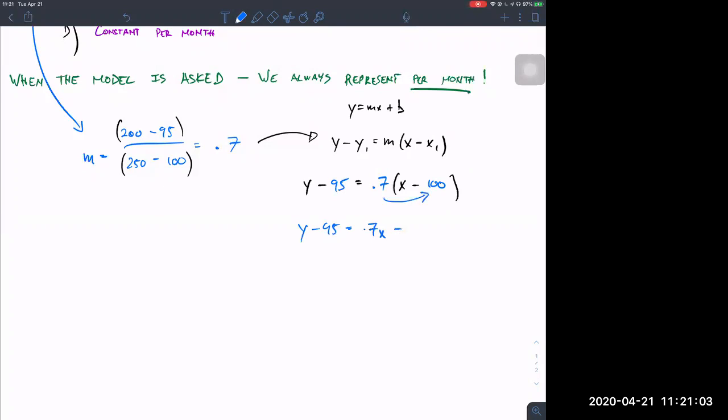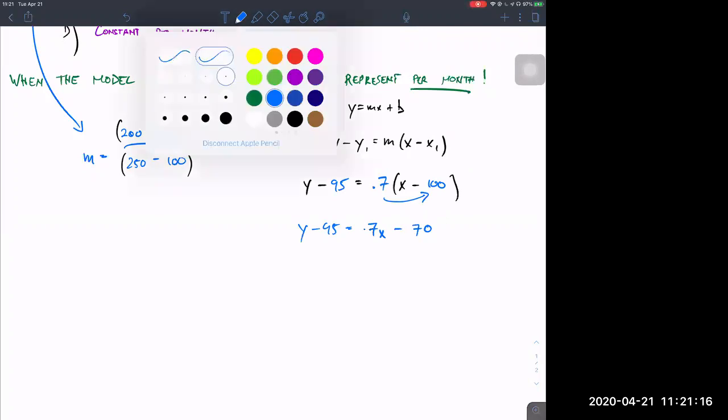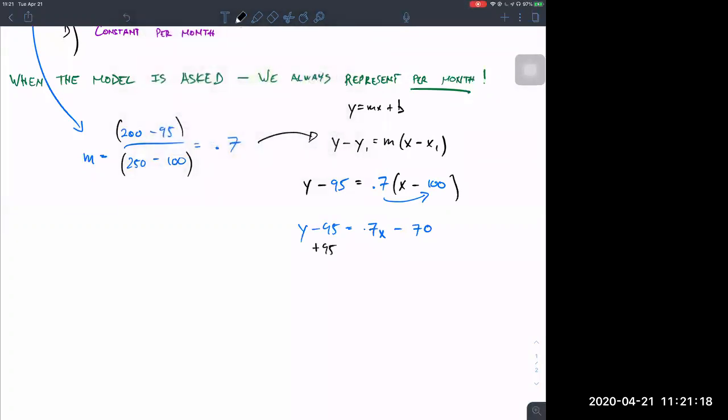So that should be minus 70, I believe. So it gives you plus 25. And then you add 95 over, and then that's how you get the cost function. C of x equals 0.7x plus 25. So there's that.